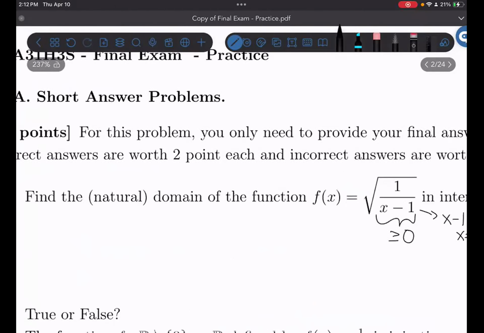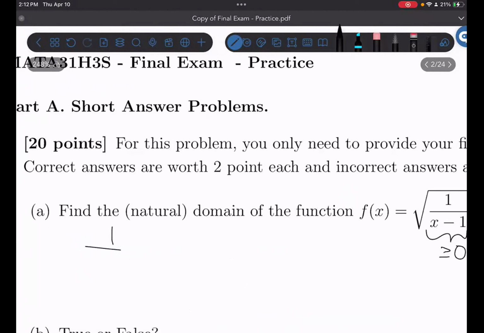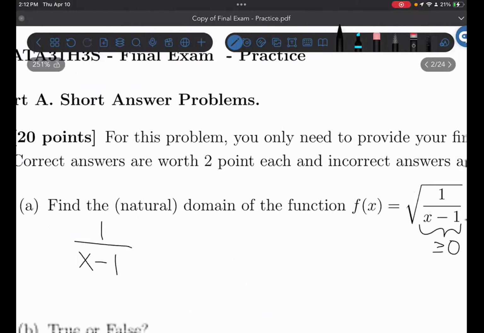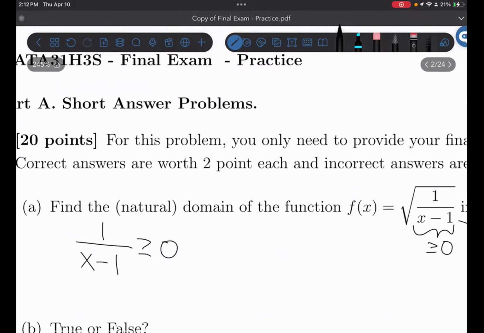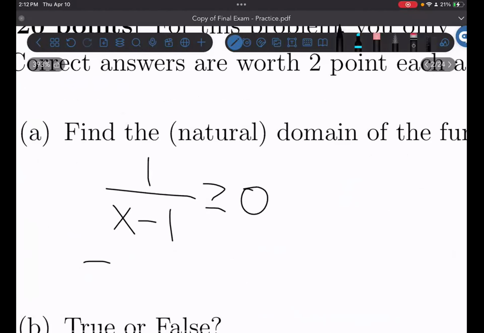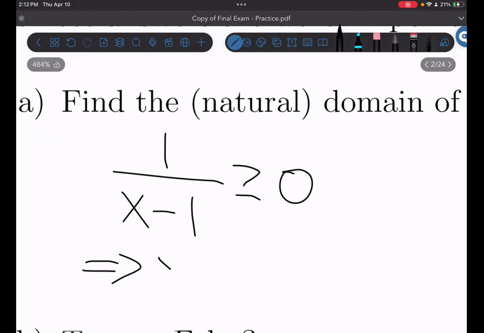From there, we can make the inner argument of the square root greater than or equal to zero. Since my numerator is positive, I need to make sure my denominator stays positive.